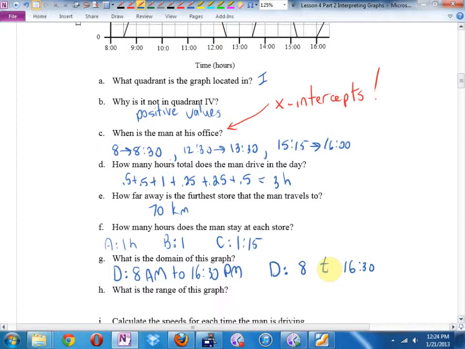How do I do that? That's bigger than 8 a.m. That's a greater than, what's a less than sign? T is bigger than 8. T is smaller than 16:30. If you're a little lost, don't freak out. We're going to spend a whole lesson looking at these.